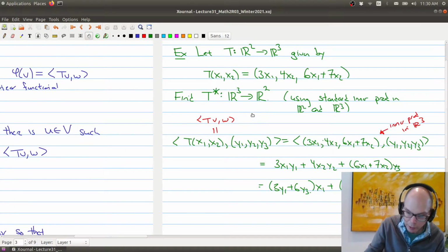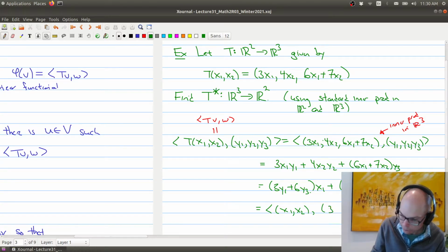Notice that the way I've written this, it is the inner product of the pair (x1, x2), comma, (3y1 + 6y3, 4y2 + 7y3).